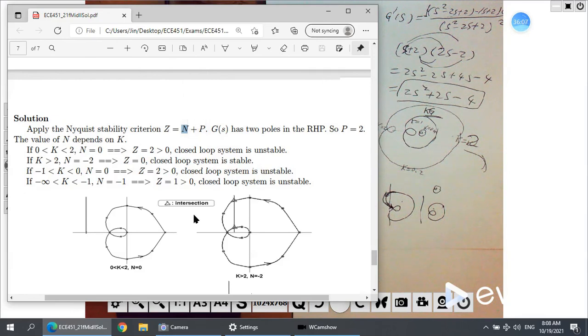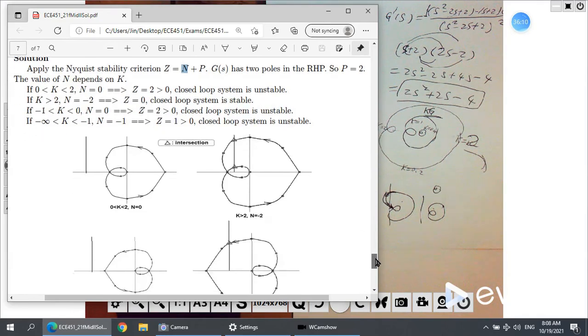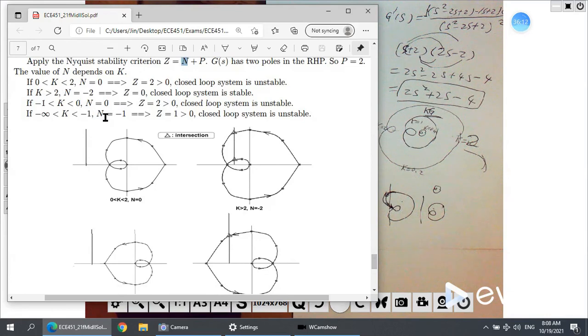And then the third case, we go to the other direction. Now K starts from 0 to 2, and then from 2 to infinity. This is the positive case. Then we check negative K. First of all, because you times negative on this G of S, the graph will flip this way, right? The negative side goes to the positive side, and the positive side goes to the negative side. You turn around this direction, you get this one.